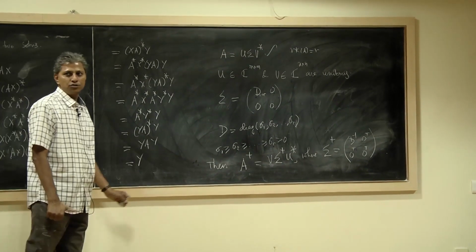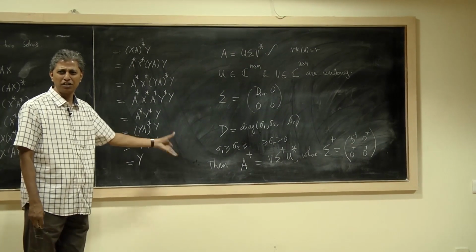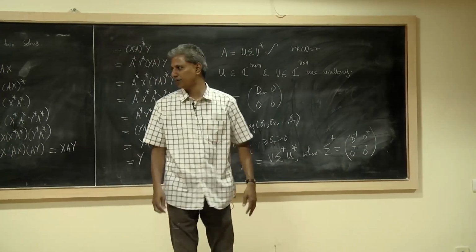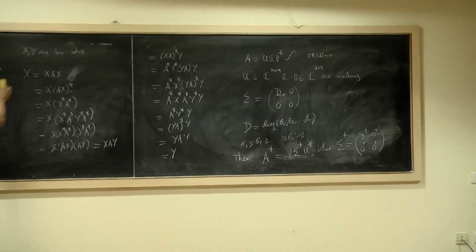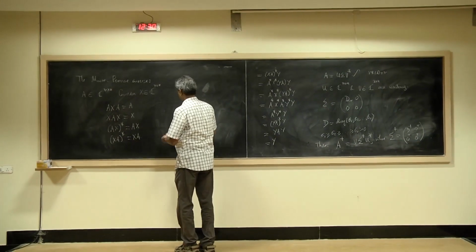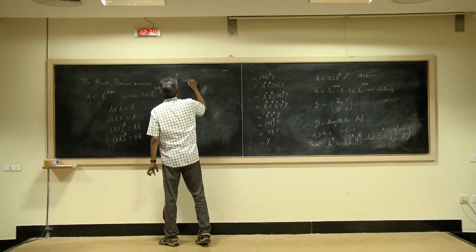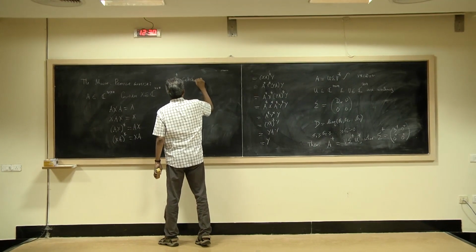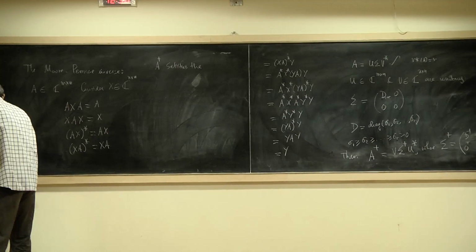So I have written some notation also without explaining what it is. A dagger satisfies the Penrose equations. So this is the Moore-Penrose inverse.